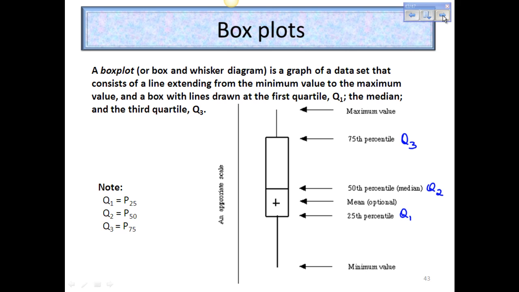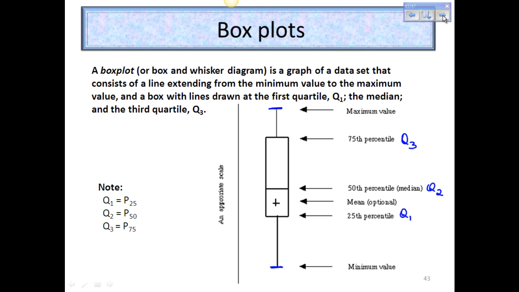And then we have our maximum value. Now this is sometimes called a box and whisker plot, and the reason why it has that whisker is because lines are generally drawn at the minimum and maximum value to denote those end limits, and it looks like little whiskers on the end.